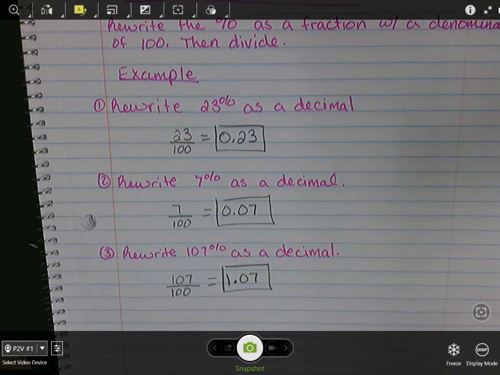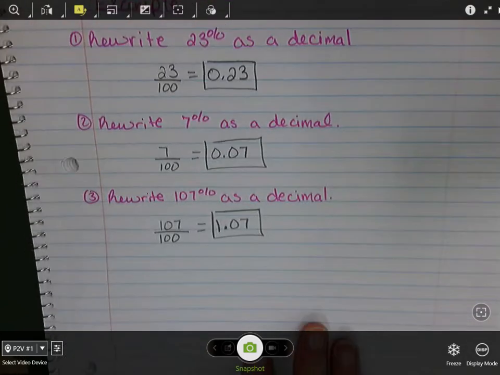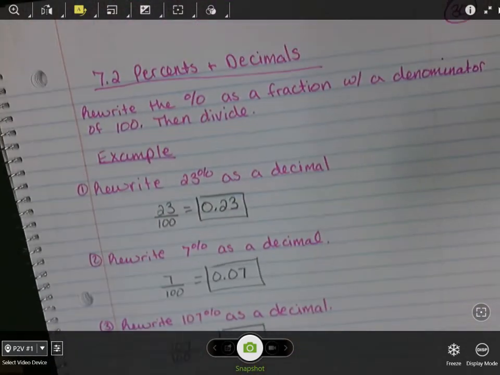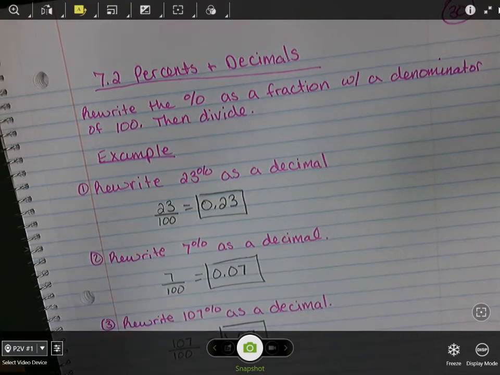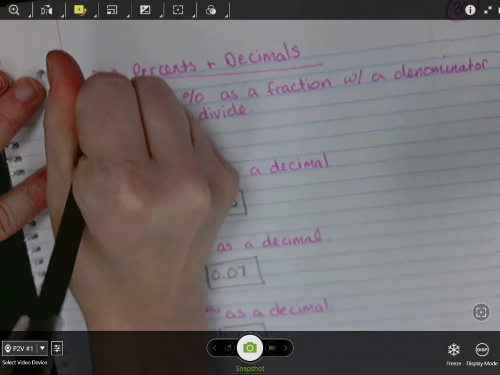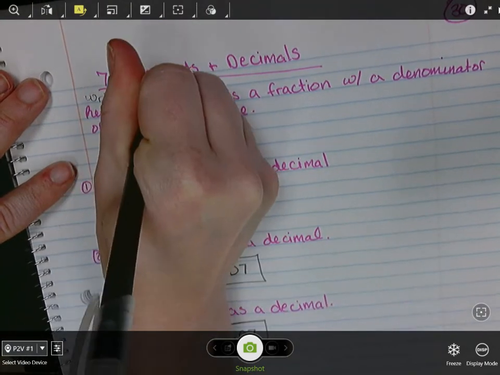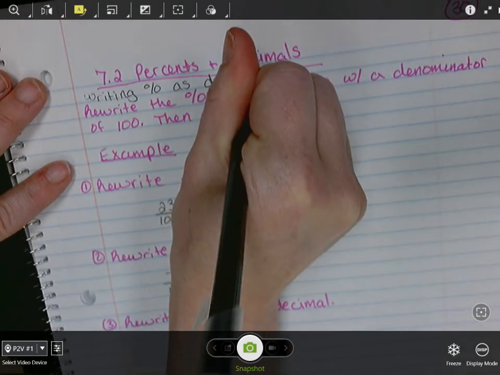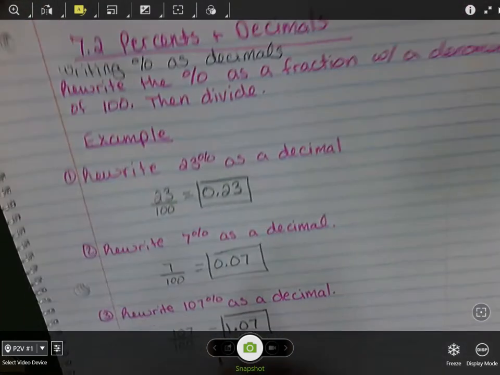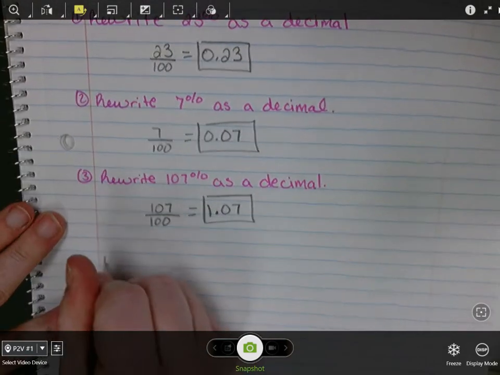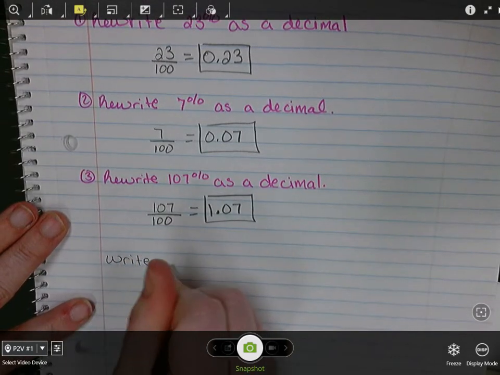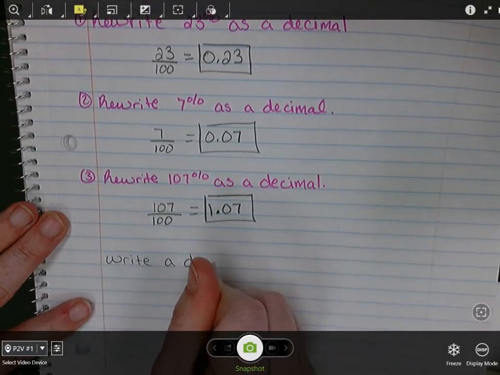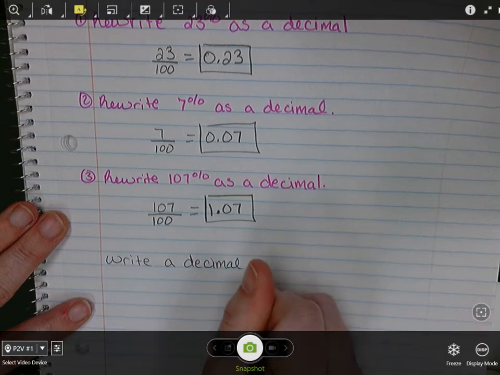Okay. All right. Let's say you want to write a decimal as a percent. Okay. So this one that we did first, this was writing percents as decimals. Okay. We want to write now a decimal as a percent.